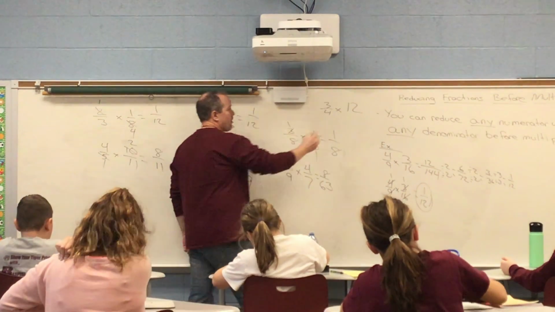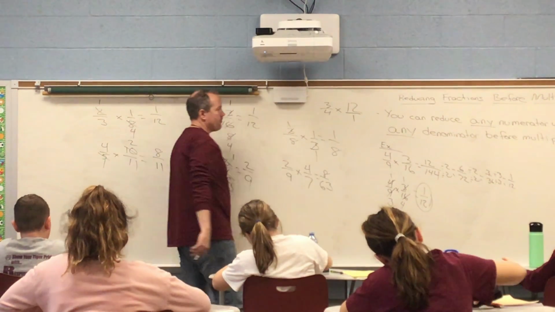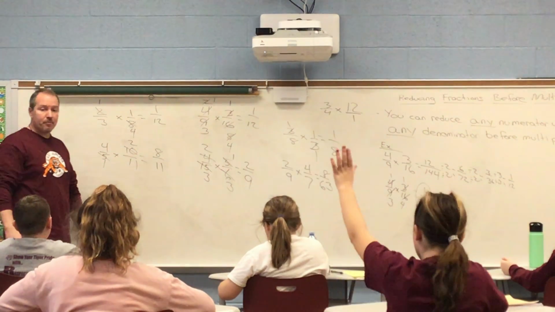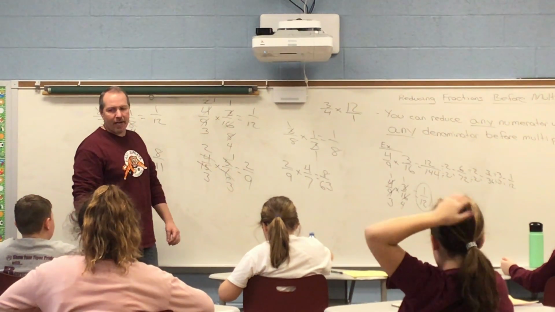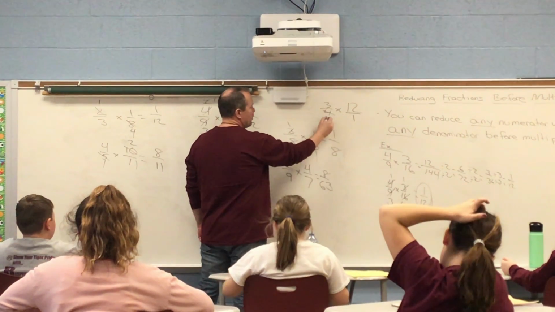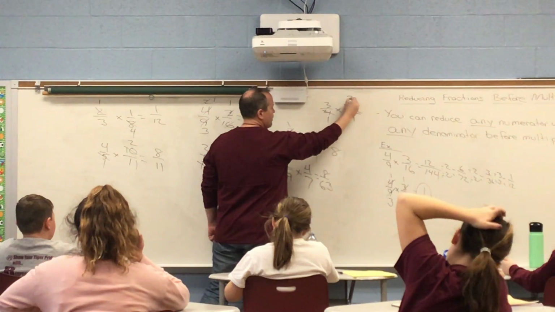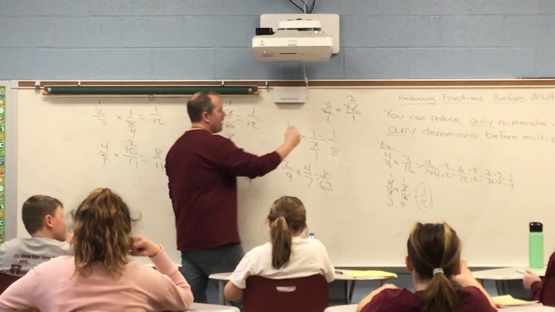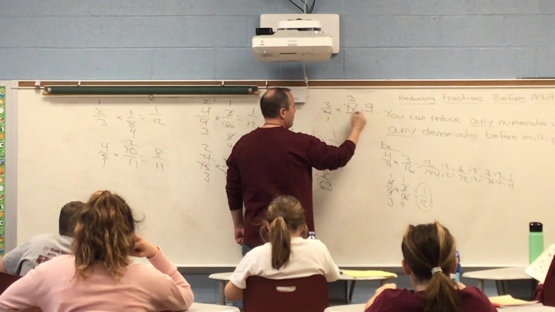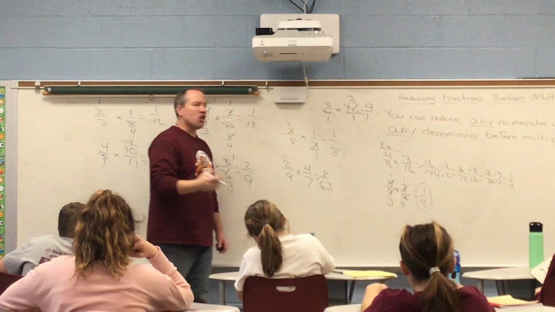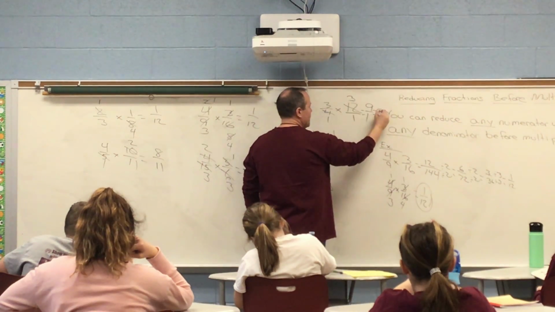We need to put the 12 in a fraction, so we make it 12 over 1. Now, is there anything we can reduce? The 4 and the 12, we can divide them both by 4. 4 divided by 4 is? 12 divided by 4 is? Is there anything else we can reduce? Nope, so now you multiply top times top is 9, bottom times bottom is 1. Anytime you have a number over 1, it's the whole number of the numerator. 9 over 1 is the same as 9.